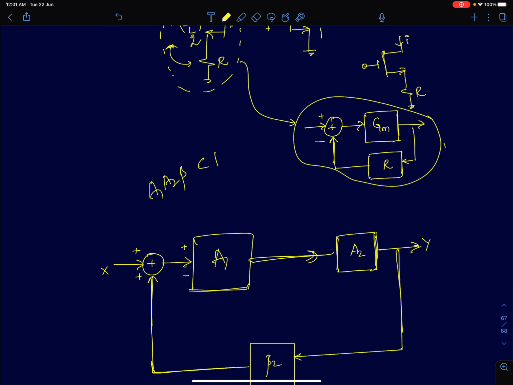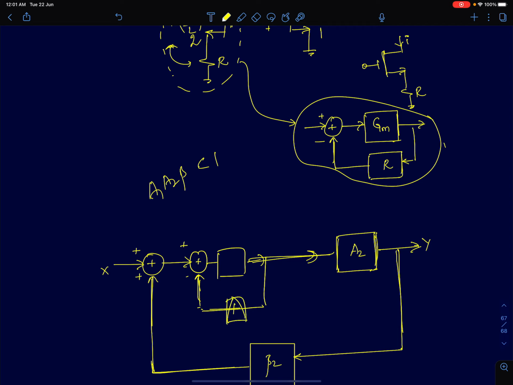Now to answer this, let's say we have a positively fed back system with a local negative feedback loop. There can be some feedback factor here.